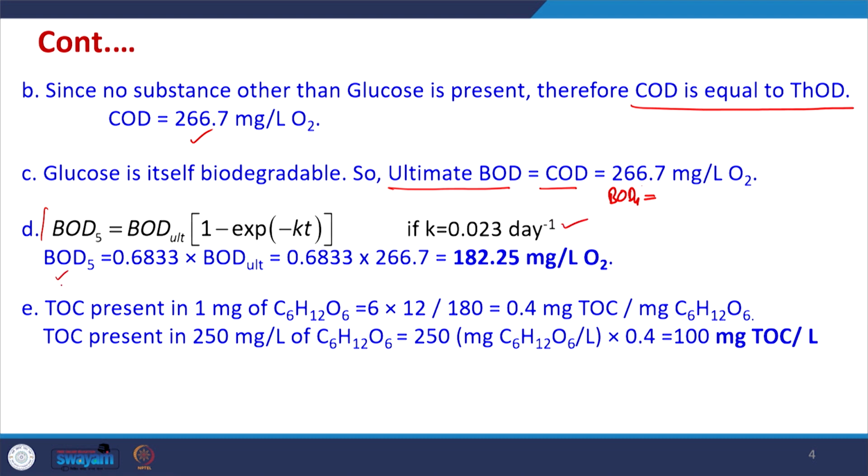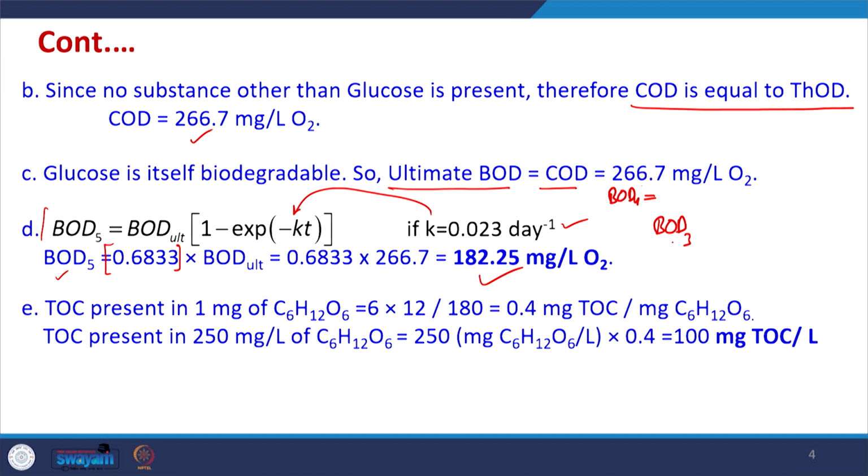So, BOD 5 is equal to 0.6833 into, if we put this K value here, this term will come out to be 0.6833, and ultimately 182.25 milligram of oxygen per liter of the sample. That will be the BOD 5 value.